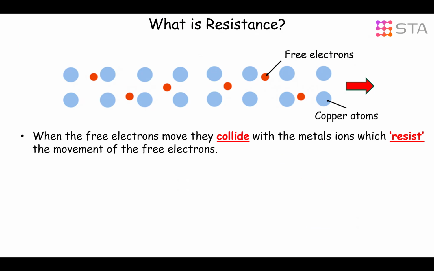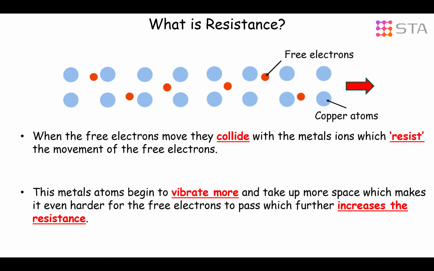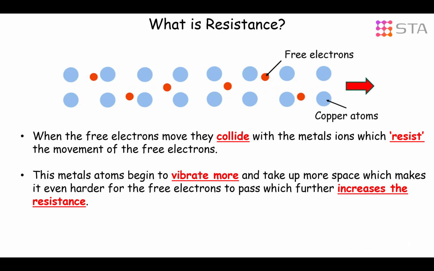In the same way, going back to the school corridor, if you've got some sort of obstruction in the corridor, the movement of pupils is slowed down along the corridor. So this is resistance to the flow of electrons. They're colliding with the metal ions, which inevitably does happen.